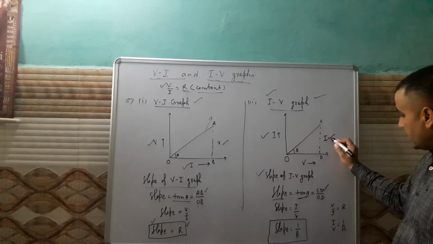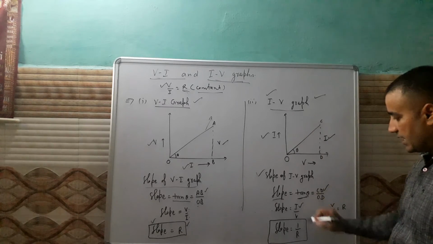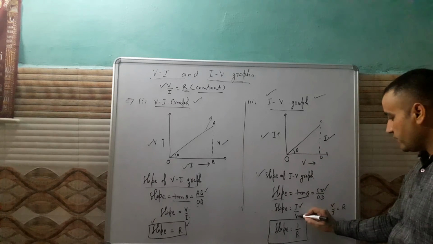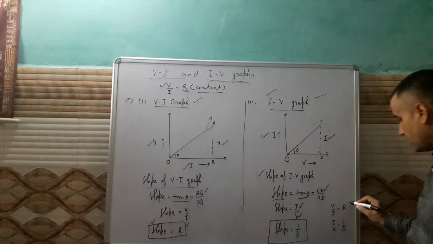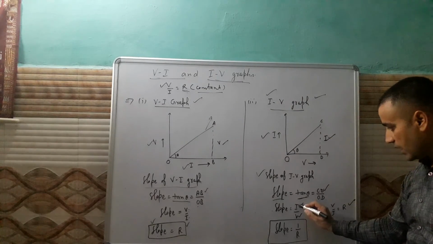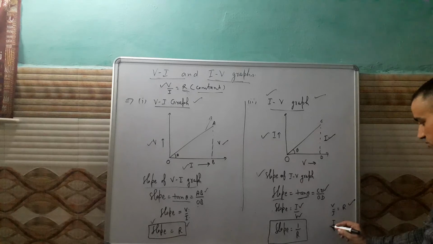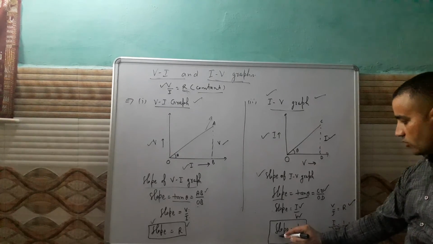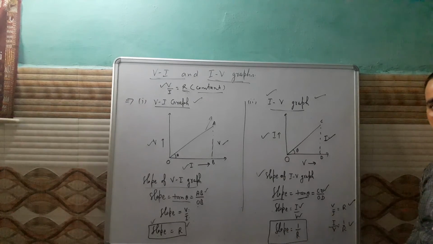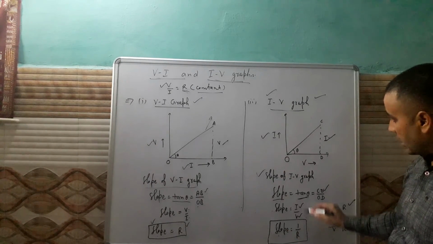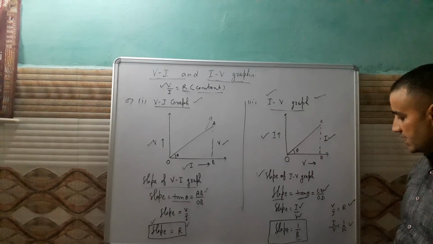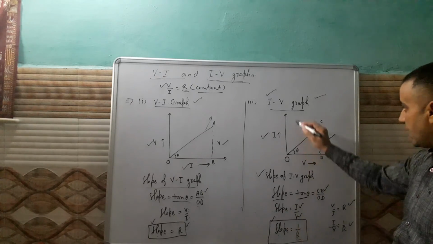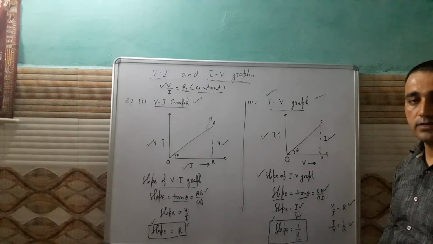CD is representing I, so in place of CD we can write I, and in place of OD we can write V. Dear students, as we know V upon I is equal to R, then I upon V is the reciprocal, equal to 1 upon R. Then we can write the slope will be equal to 1 upon R. It means that the slope of the IV graph is the reciprocal of the resistance of the conductor. It means that the more the slope of the IV graph, the less the resistance of that conductor.